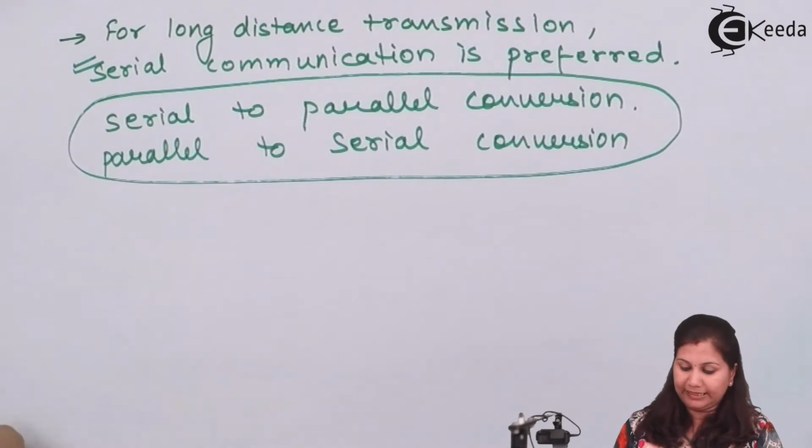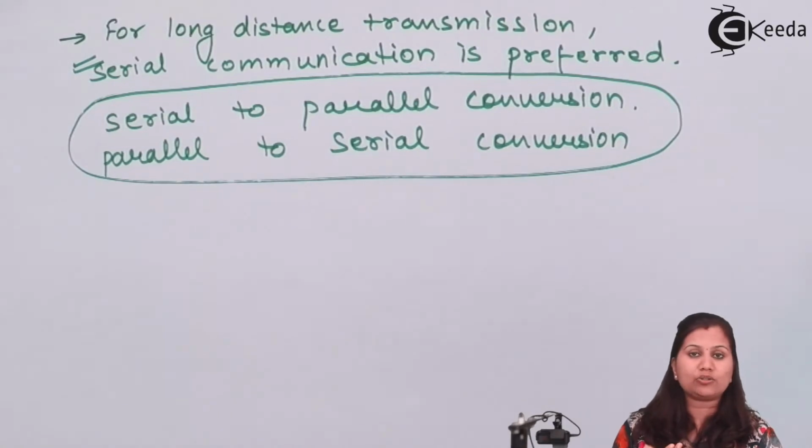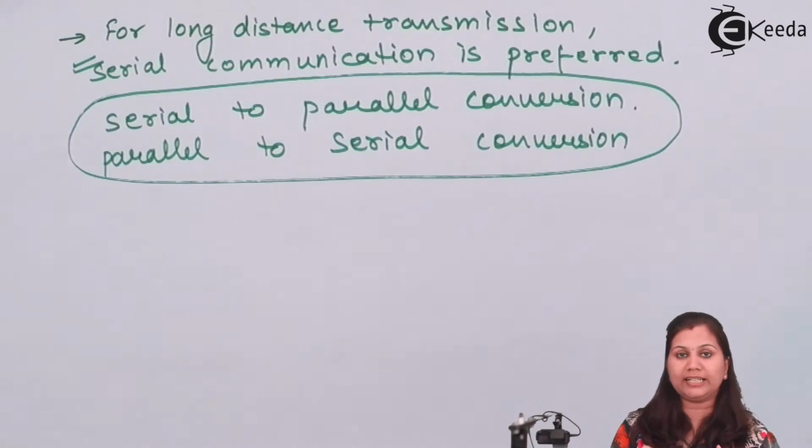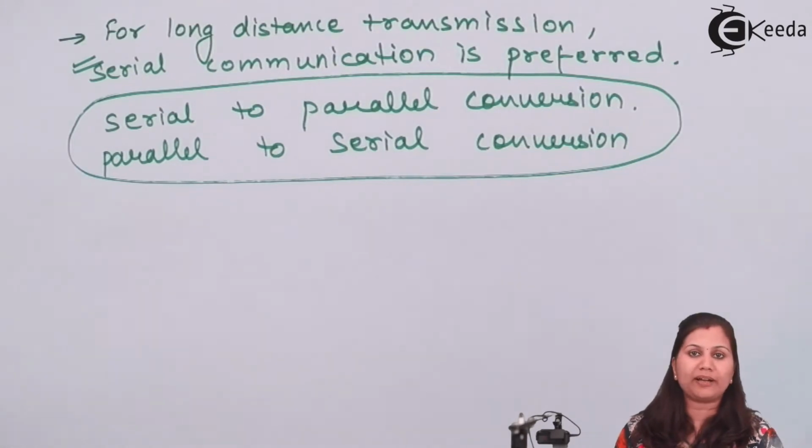Now this serial data transmission involves various processes. Whenever the data is transmitted from the sender to the receiver, we have to specify where the data is starting, at what position the data is ending, and what the speed of the communication is. All these things are to be specified whenever we are transmitting the data.